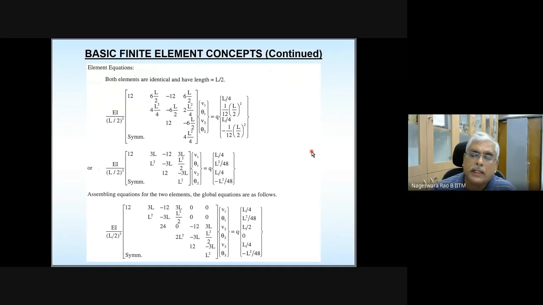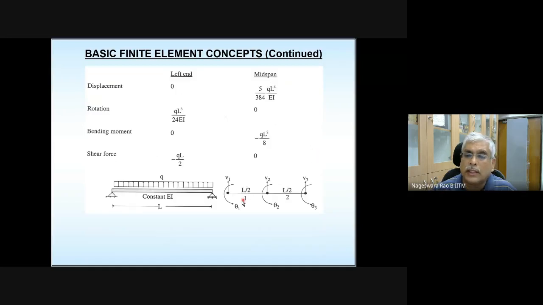And what are the degrees of freedom which are 0? V1 is going to be 0, V3 is going to be 0. Non-zero degrees of freedom are going to be theta 1, V2, theta 2, theta 3.